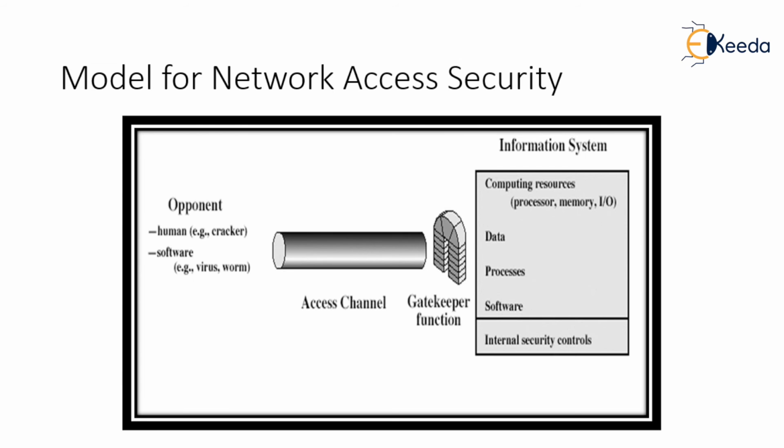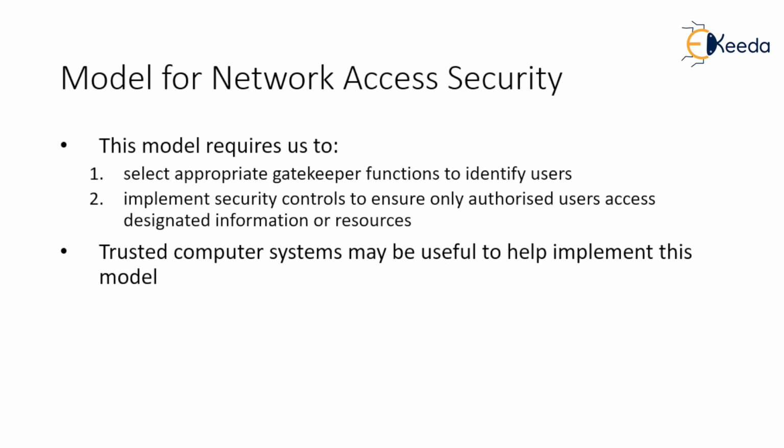So here we have one model to deal with such type of breaching into the system. This model also has some requirements. Here we need to select a proper gatekeeper function to identify the users.